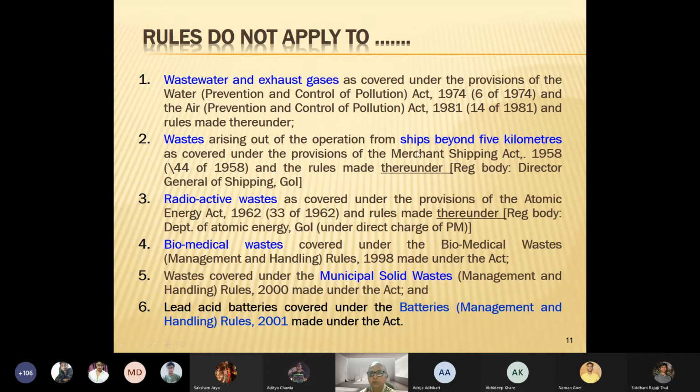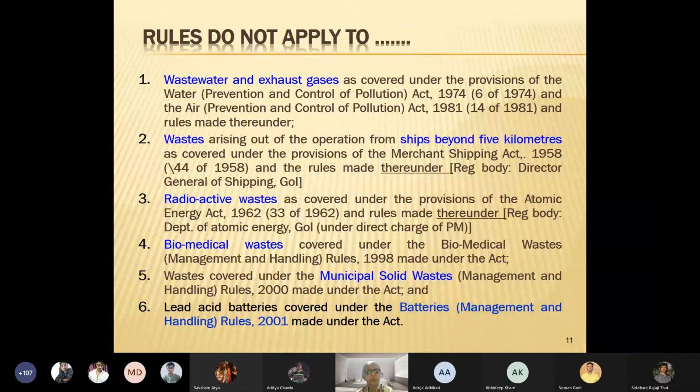And I've also mentioned the regulatory body. Now, for all of you, it's very important to remember, for all the other rules, what is the regulatory body? The regulatory body in India is the Central Pollution Control Board, CPCB. CPCB is the monitoring authority and the administrative authority, and every state in the country has a state pollution control board.